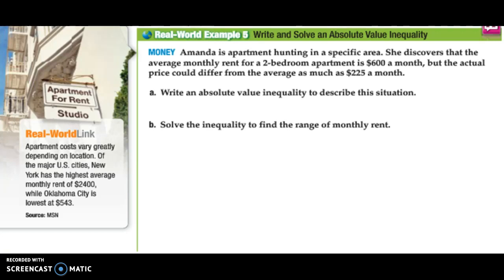So we go back to how we used to write absolute value equations all the time. We use this formula with absolute value of x minus c less than or equal to the range. So if I'm going to write mine right here, okay, it's going to go like this, absolute value of x minus, okay, and then the average price all the time was 600.